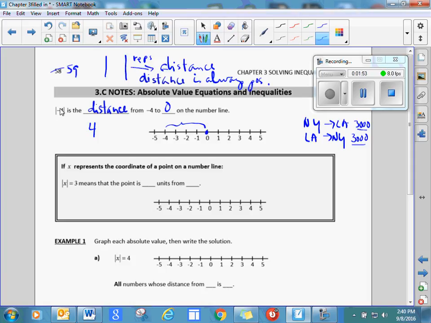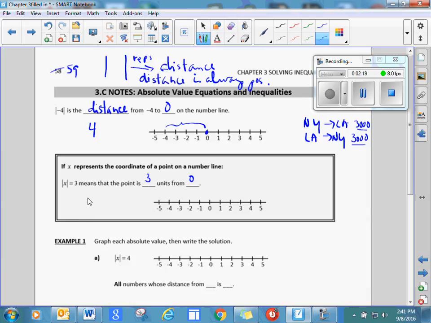In this case, -4. So when we actually get an equation that's got a variable inside the absolute value sign equaling something, an integer or a number, it means that whatever this x is on the inside of the absolute value sign, that it is +3 units from 0, because distance is always positive.